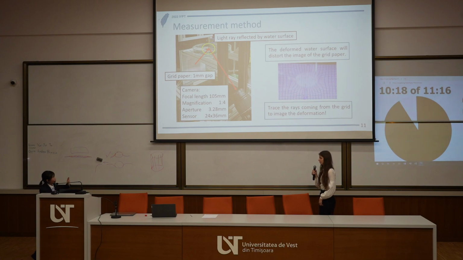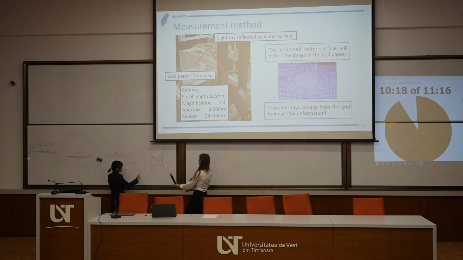To be honest, because the problem statement specifically asked us to bring the magnet above the water surface, for the laser to come in it would have to come in at a really small angle. And at a really small angle, your laser light will not be only one point. So when it reflects on the water surface, there will be an area in this case, and we cannot really determine which point we're talking about.